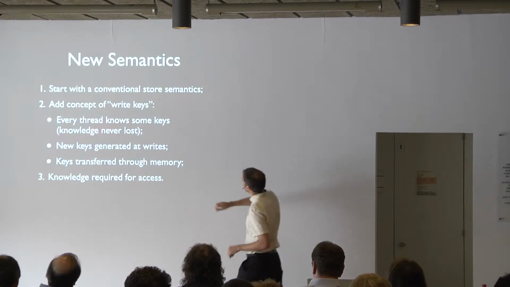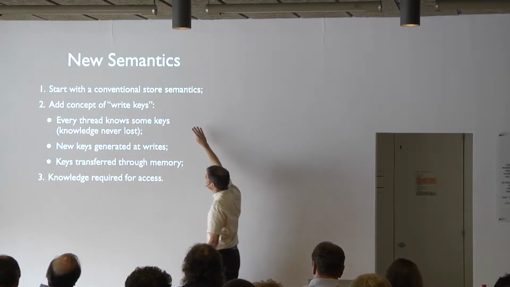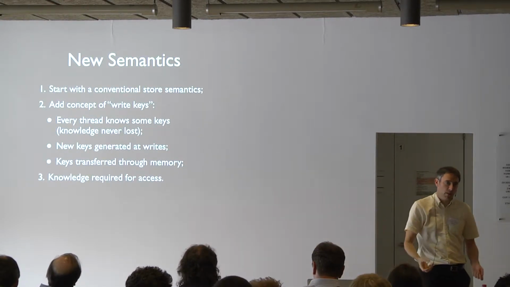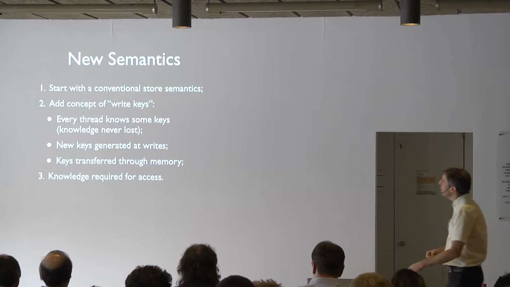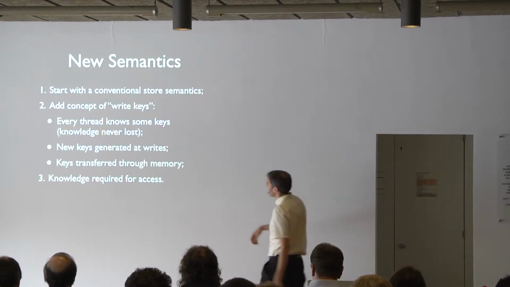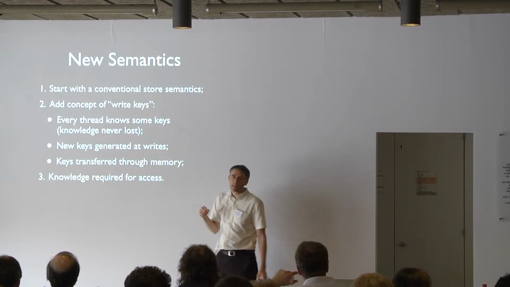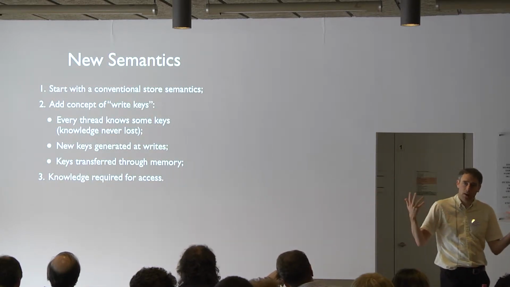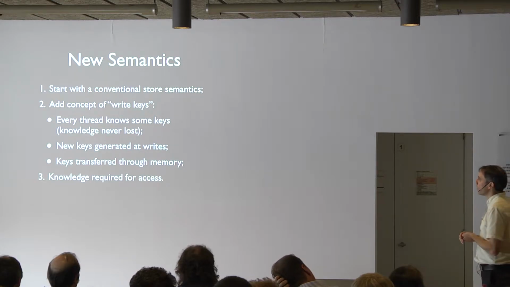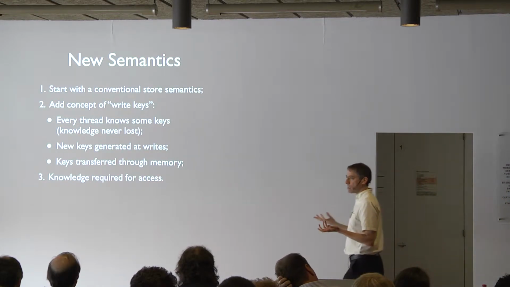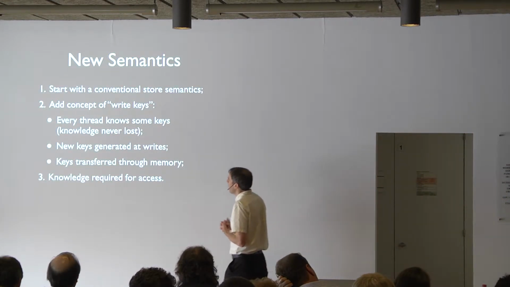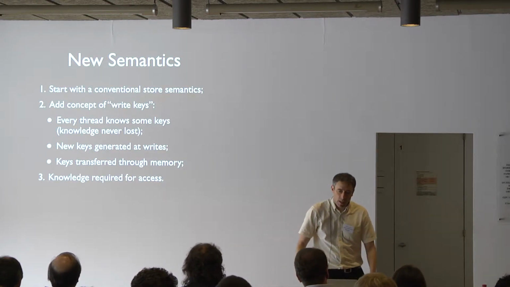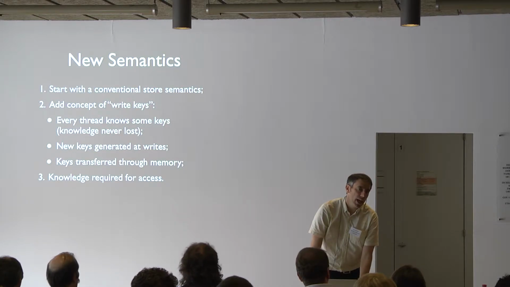Okay. So the semantics we give is we start with a conventional semantics where you have fields and you store them in the heap and then you read them out of the heap. We have a concept of write keys. Every thread knows some keys. These are just a set of integers. And when you do a write, you can generate a new key. And keys are transferred through memory. If you don't have the key, you can't access the field.